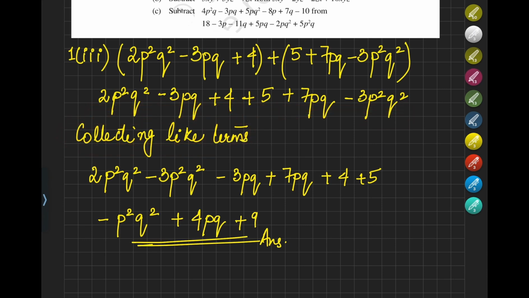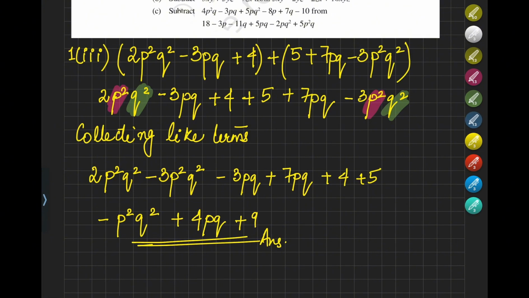To collect the like terms, it is important that we identify the like terms. So we have p square here, we have p square here also. This is q square and so is this q square, which means 2p square q square minus 3p square q square are like terms and it can be solved together.